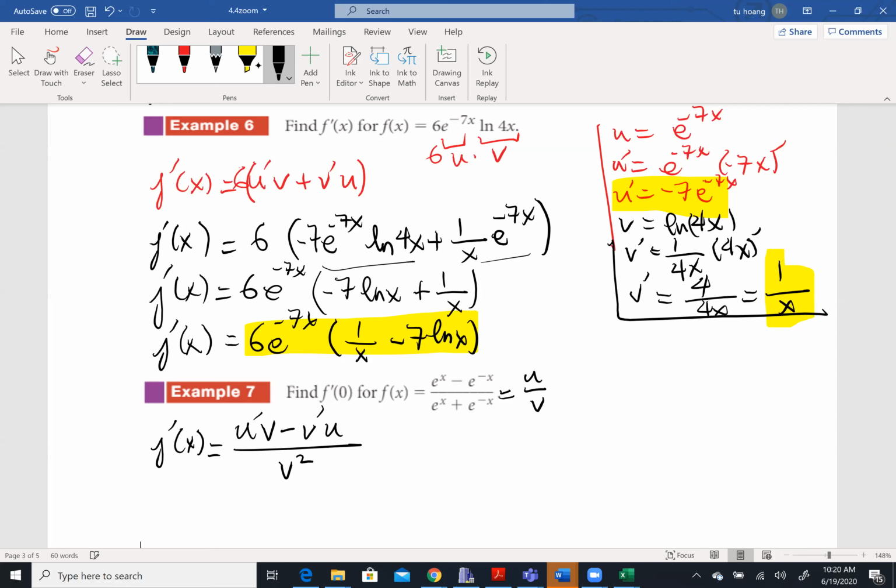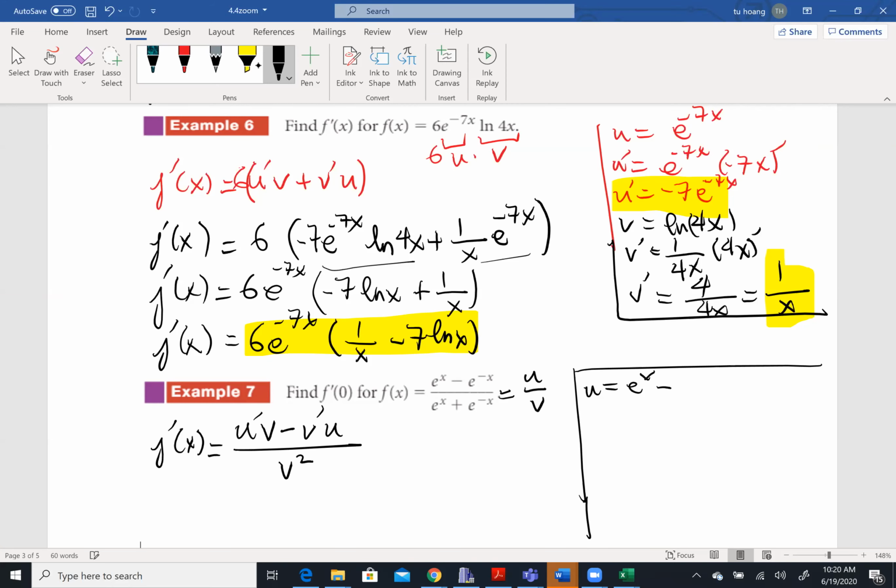That's the formula for the quotient rule.